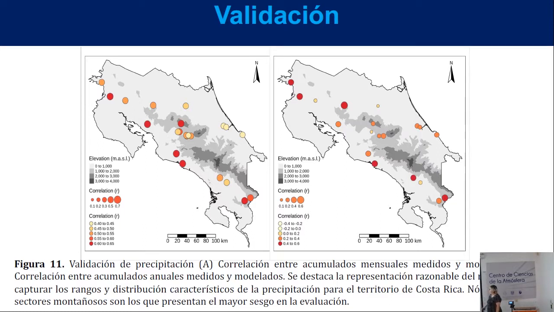So this is rainfall, monthly values, and we get very happy because the area we're most interested in, the Pacific sector, has a very good representation. And the Caribbean area has a representation that is not so good.